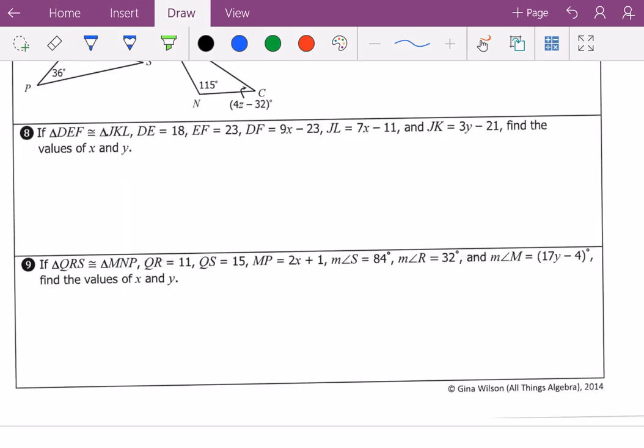Alright, on number 8 we have to draw our pictures to help us. My suggestion is just to draw two triangles that look the same and then label them in the same order.